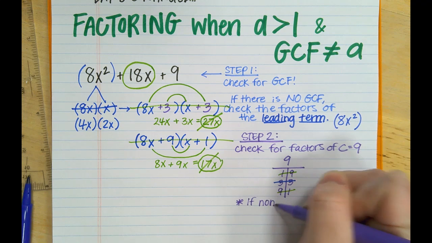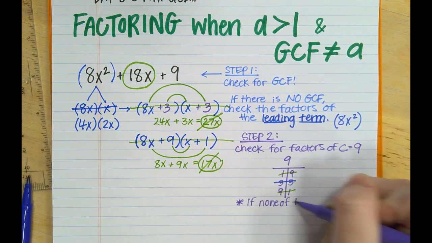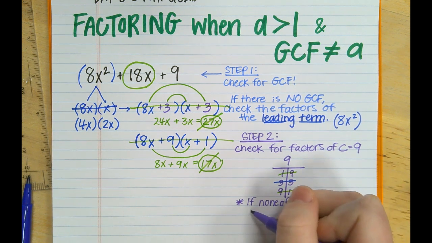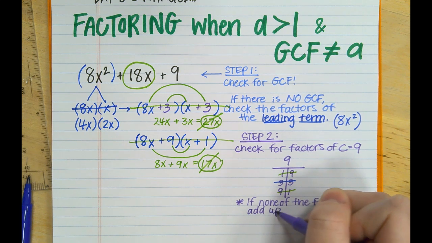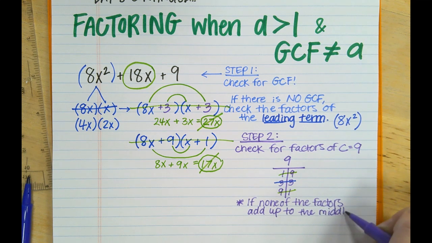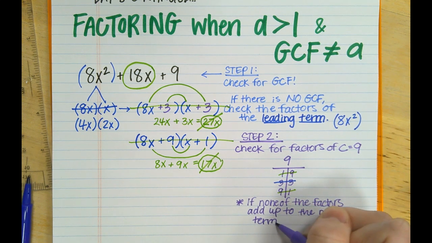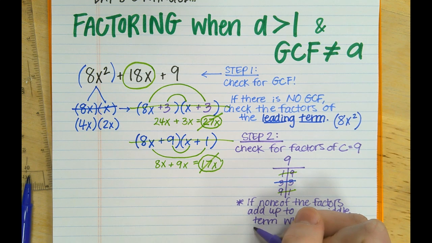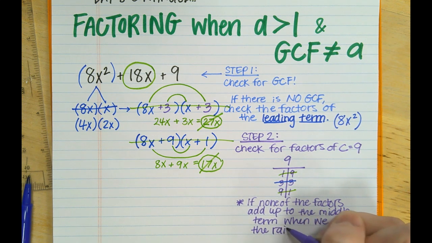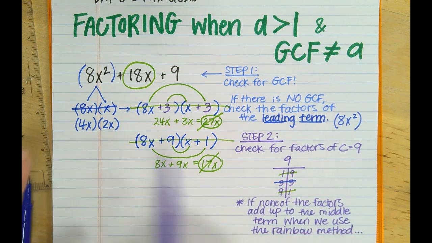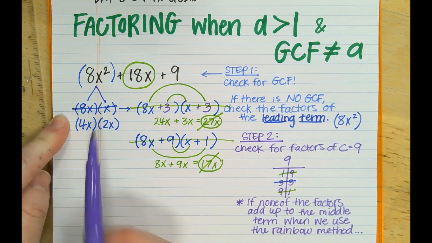If none of the factors add up to the middle term when we use the rainbow method, then we need to try the next set of factors of the leading term.